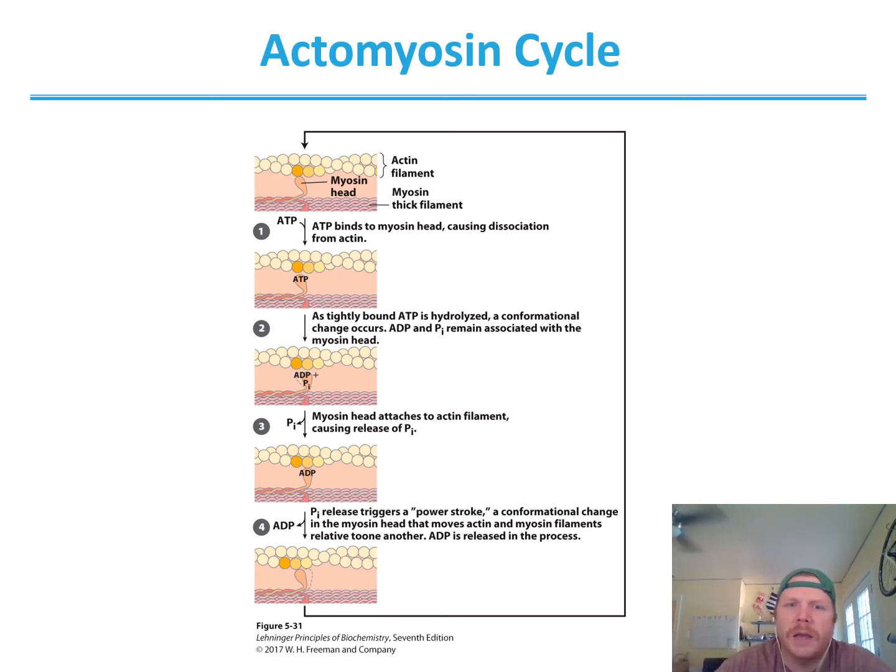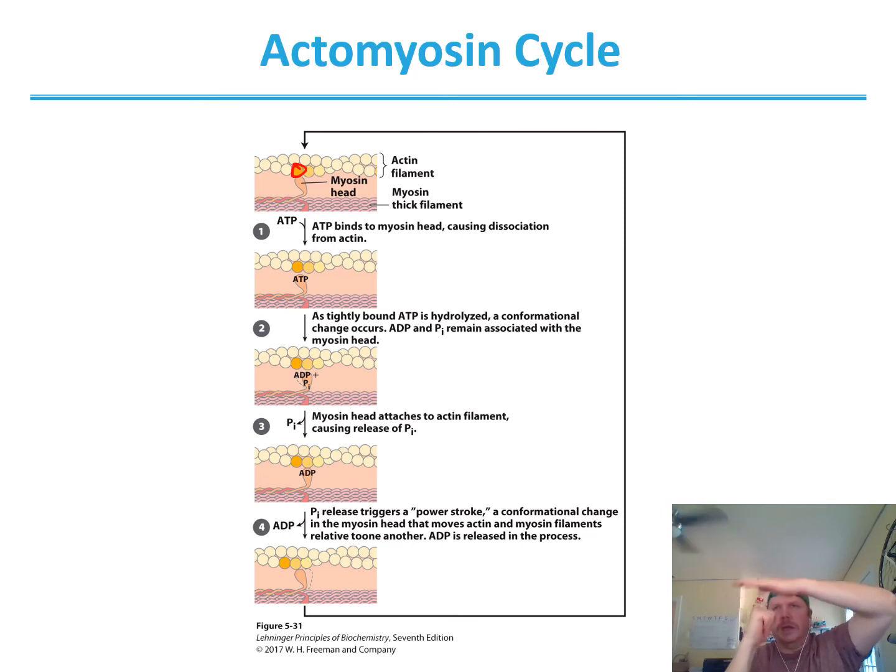So we've got a myosin head group that has bound to one portion of an actin filament. That myosin head group is going to bind to ATP, which is going to interrupt the interaction between myosin and actin.